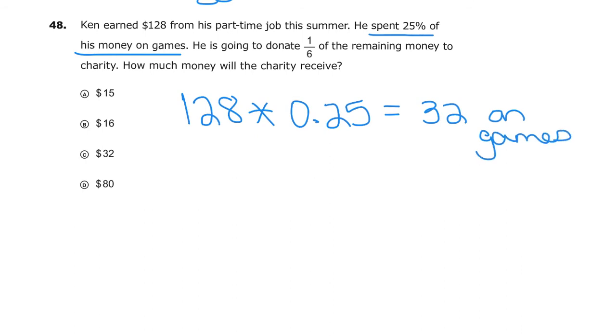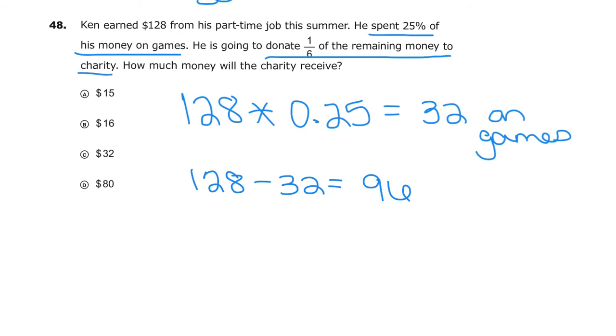What do we want to do with that amount now? Subtract it from his original money. So he had 128. He spent $32 on his games, which now leaves him with $96.